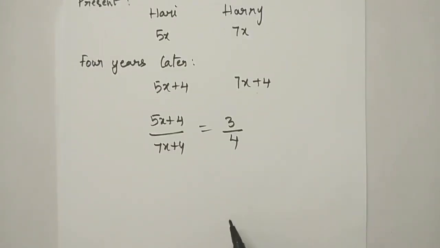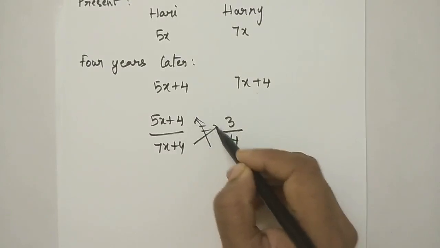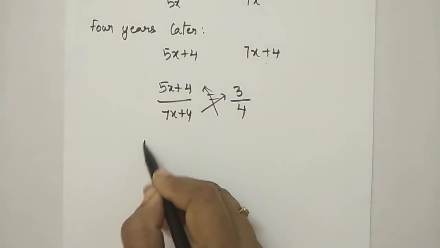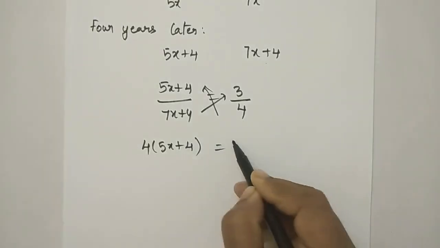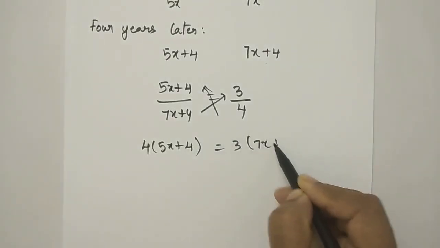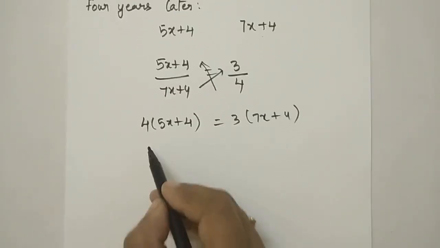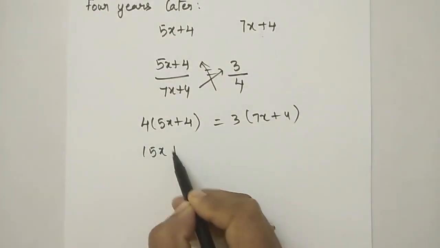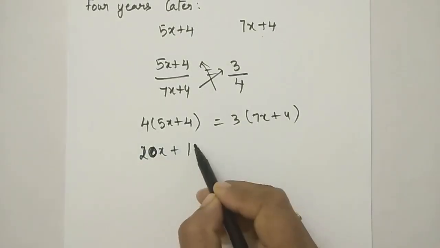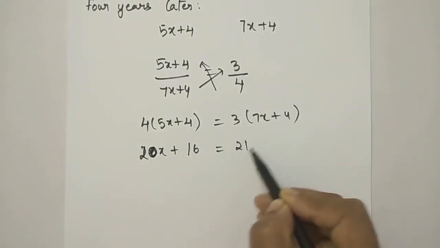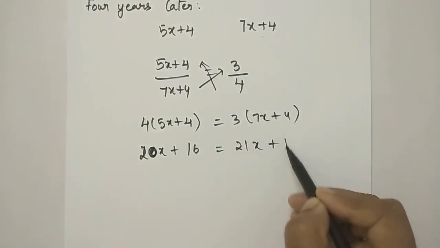Now solve the equation. Do cross multiplication. This becomes 4 into (5x plus 4) equal to 3 into (7x plus 4). Okay, this is equal to 20x plus 16 is equal to 21x plus 12.